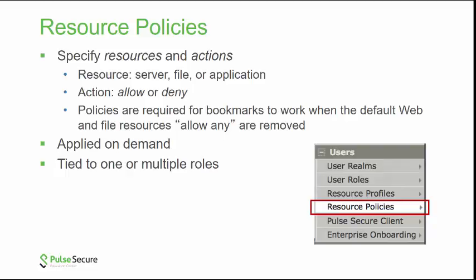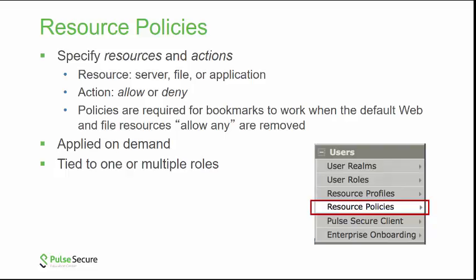For example, a role can enable file access, but it cannot control whether a particular file share is accessible. If you do not specify a resource policy to access a particular file share, that file share is unreachable.